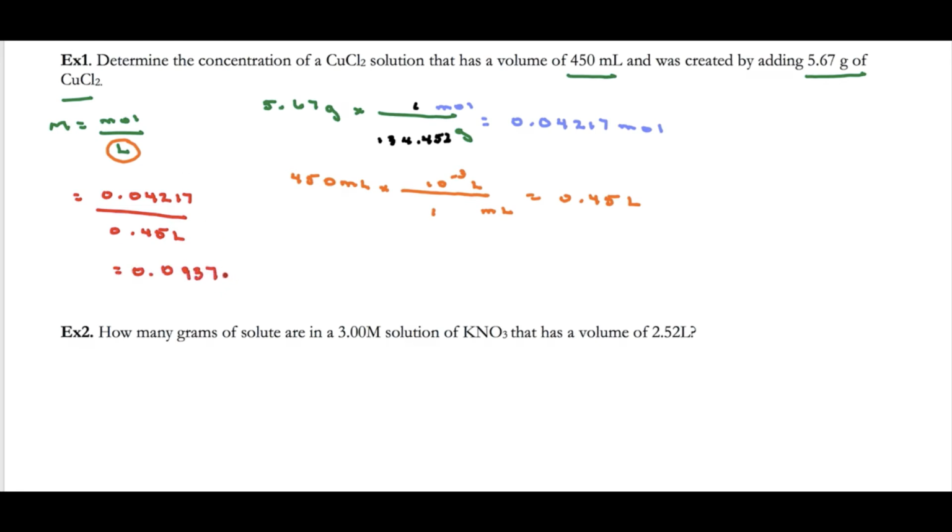And my units are going to be molar. Now I have to quickly figure out my sig figs. Okay, so 450 mL has 2 sig figs. 5.67 has 1, 2, 3 sig figs. So this is going to be 2 sig figs. So my final answer is going to be 0.094, and my units are molar. Okay.